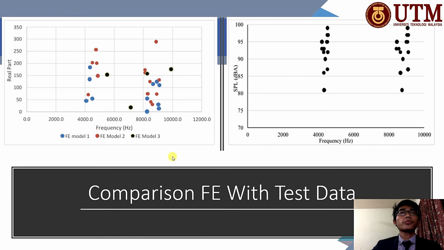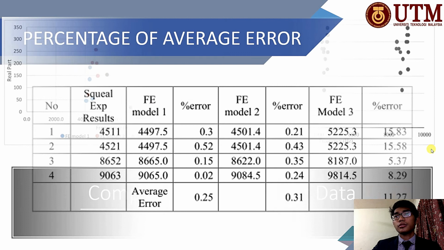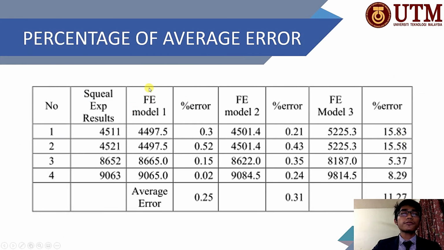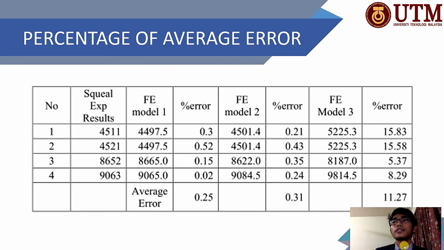So from this graph we can say that there is a chance of similarity between these two trend graphs. From that graph, the percentage of average error has been analyzed, and these are the results.